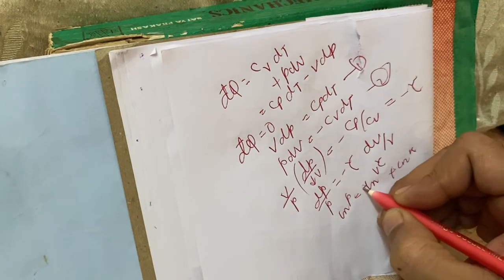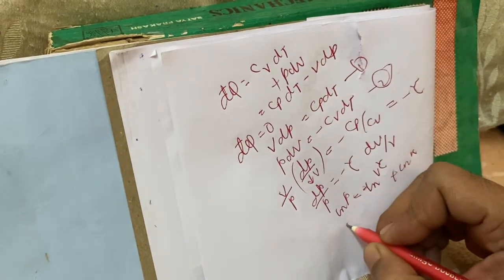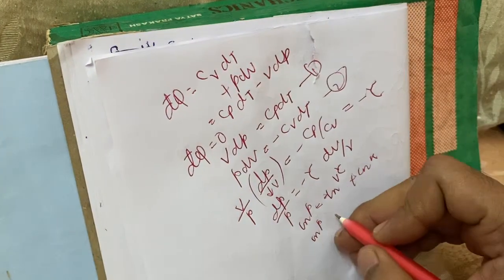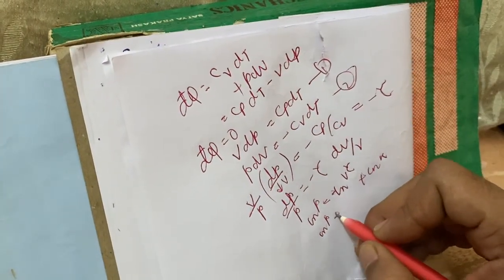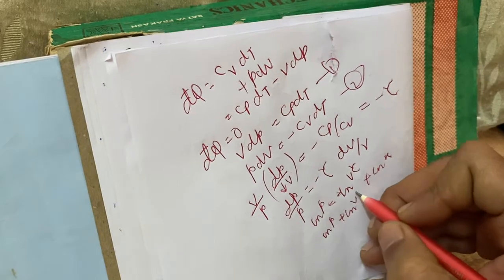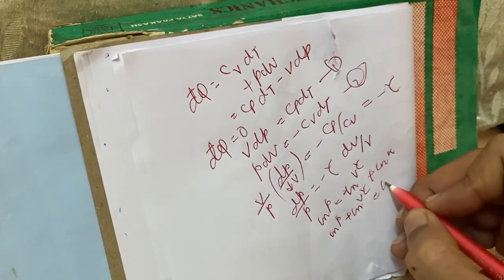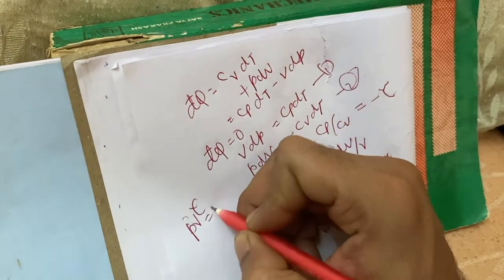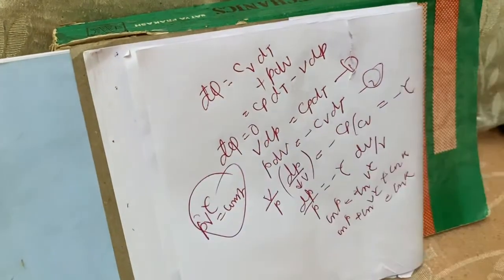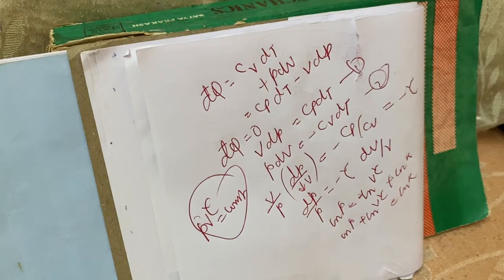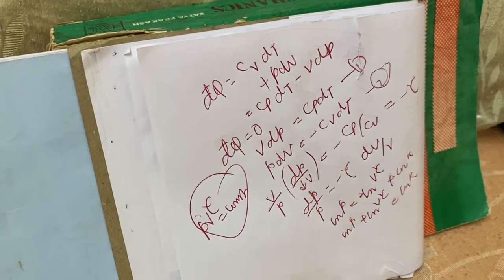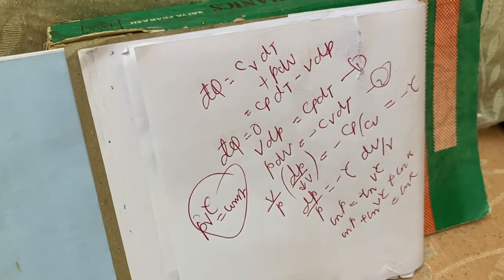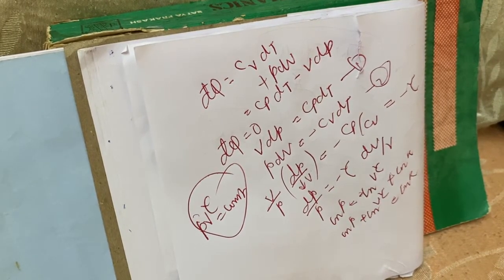So, ln p plus ln v to the power gamma is equal to ln k. Then what we are getting? P v to the power gamma is equal to constant. This is a valid equation for an adiabatic process. So, a question may come: prove that for an adiabatic process P v to the power gamma is equal to constant.